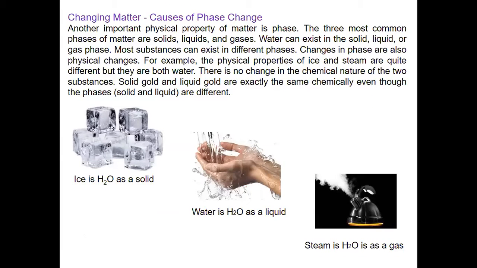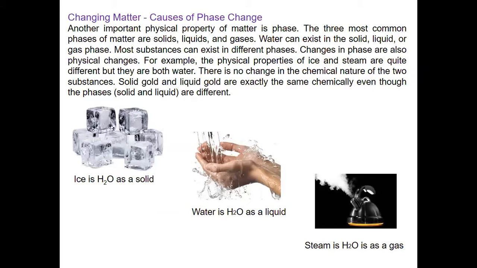So when we talk about changing matter, oftentimes we're talking about phase changes. And an important physical property of matter is the ability to change phase. Now, the three most common phases of matter are solids, liquids, and gases.